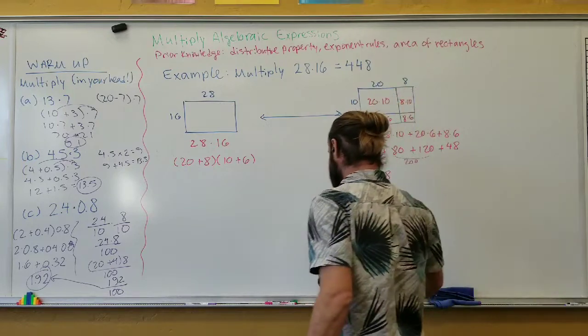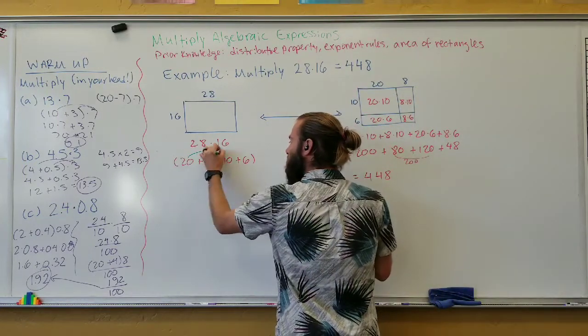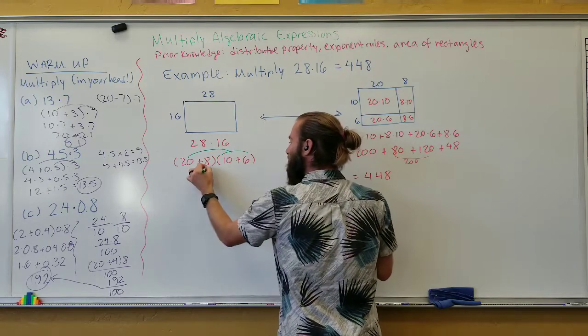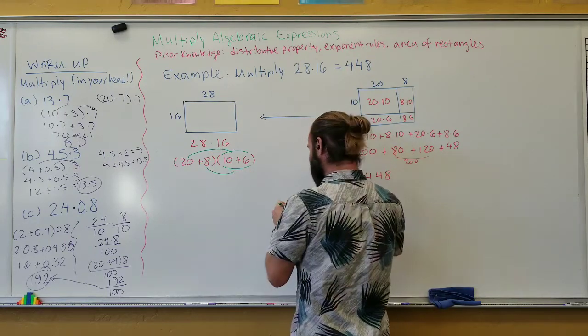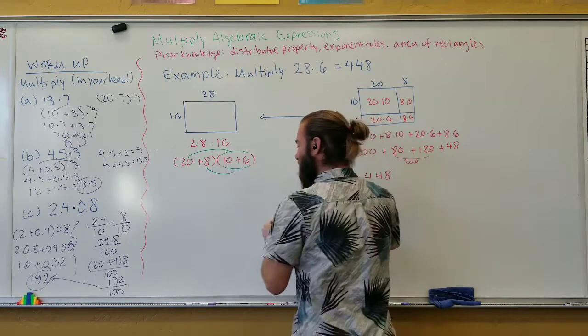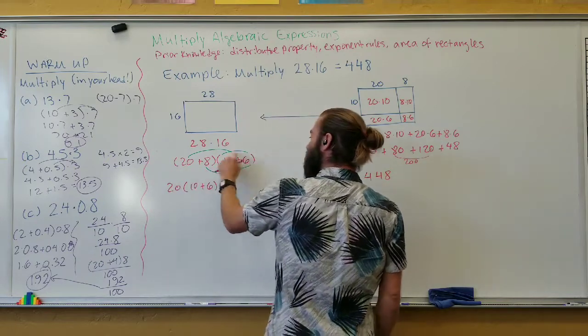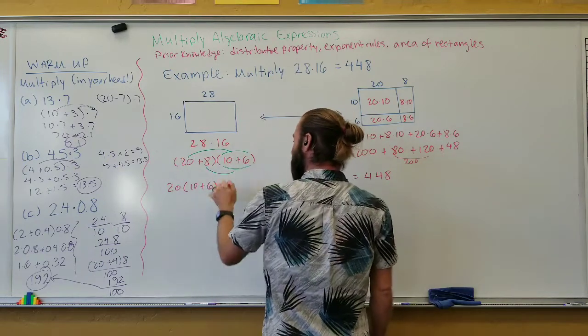So if you notice here, we can actually do some distribution. We can take this 20 and multiply by all that stuff, and then this 8 can multiply by all that stuff. Don't worry right now that that's 10 plus 6. You can just think of it as 16 still. But what this becomes is 20 times 10 plus 6, right? I distributed the 10 plus 6 in there and in there.